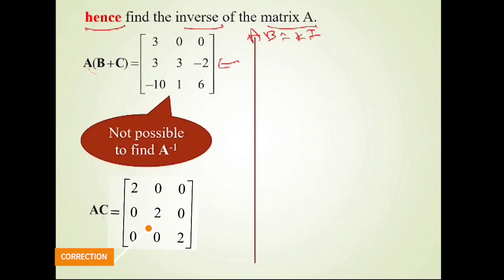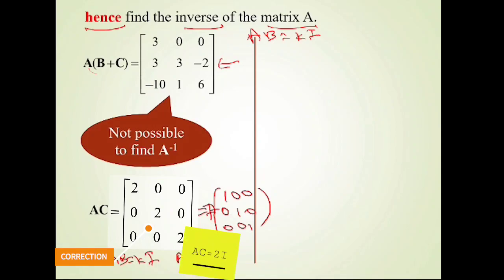A times C is equal to this matrix, and this matrix does look like the form AB equal to KI. It can be written as 7 multiplied with the identity matrix. So you can write AC as 7 multiplied with I matrix.